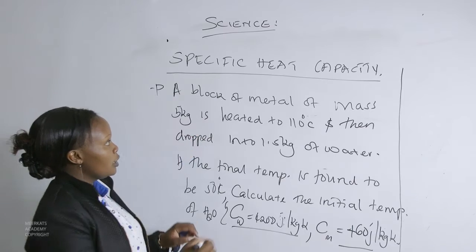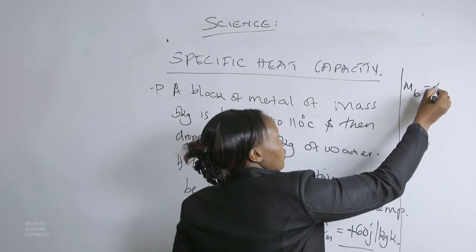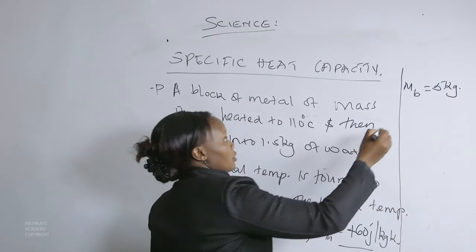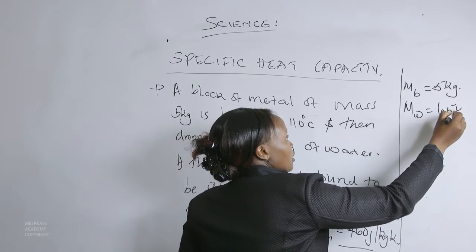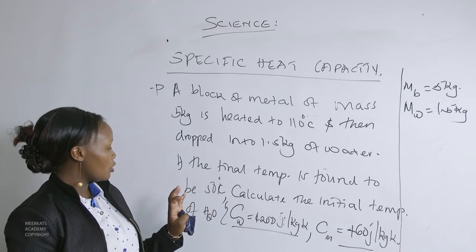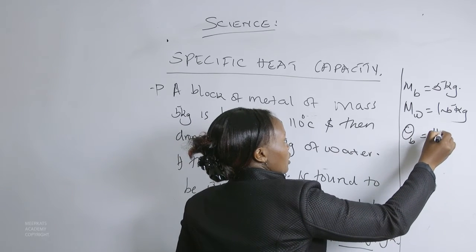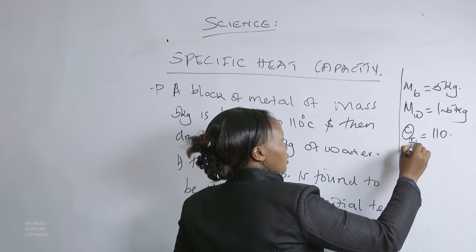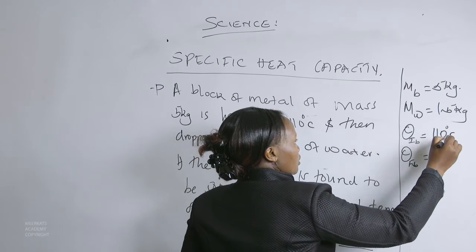Now, as usual, we are going to start by looking at the information that we have been given. Number one is the mass of the block, which is given as 5 kgs. The mass of water is given as 1.5 kgs. The initial temperature of the block is 110, and the final for the block is 50 degrees centigrade.